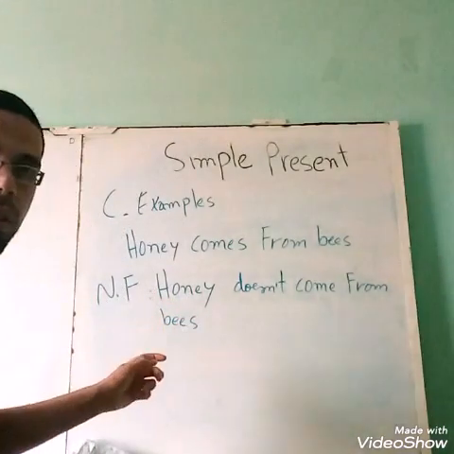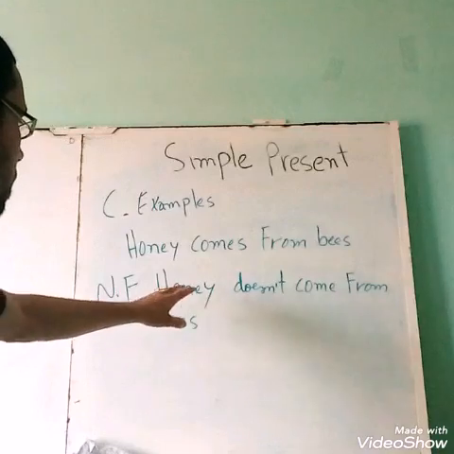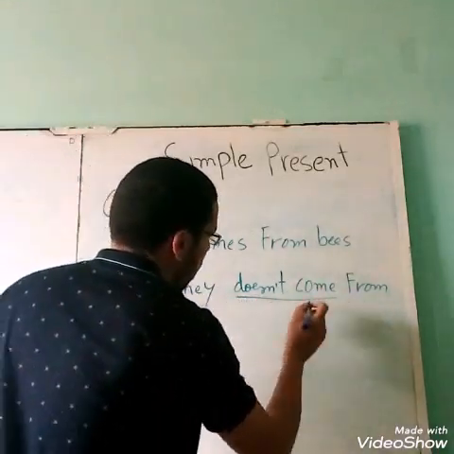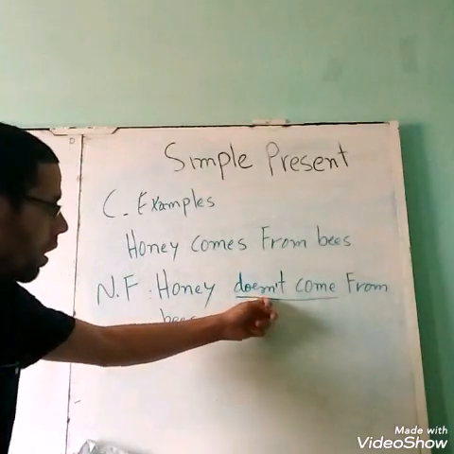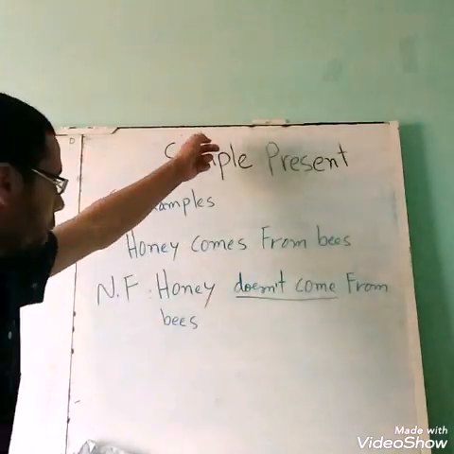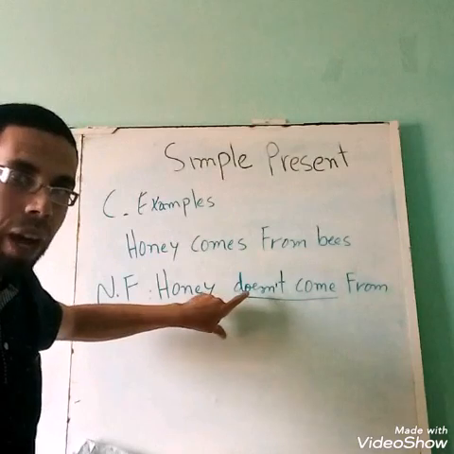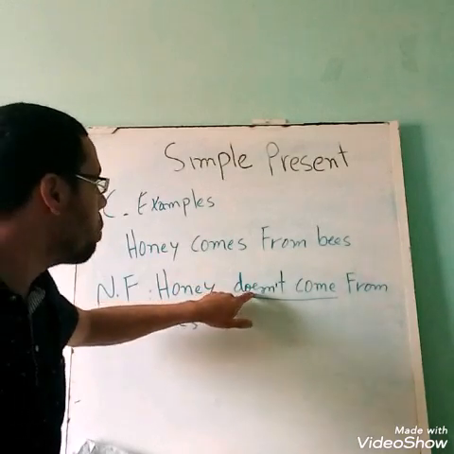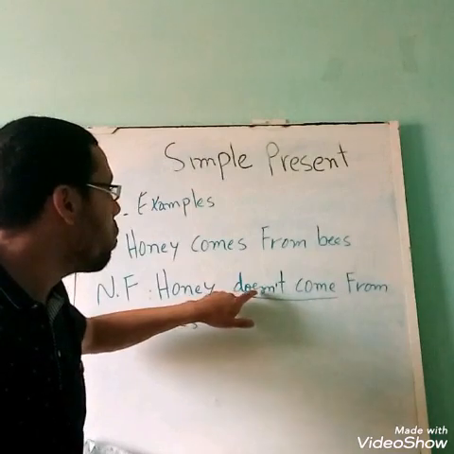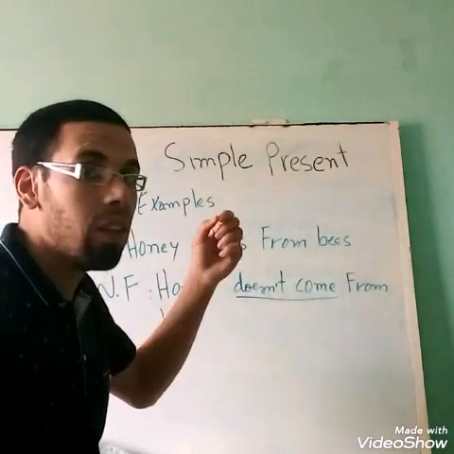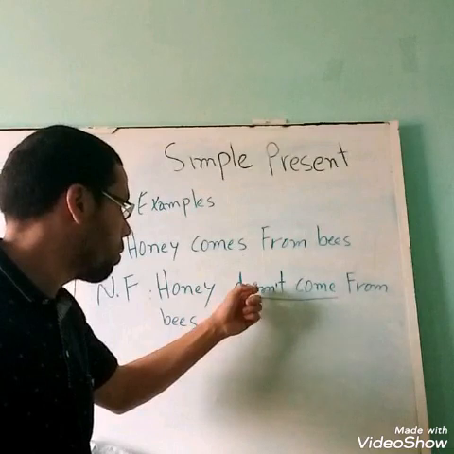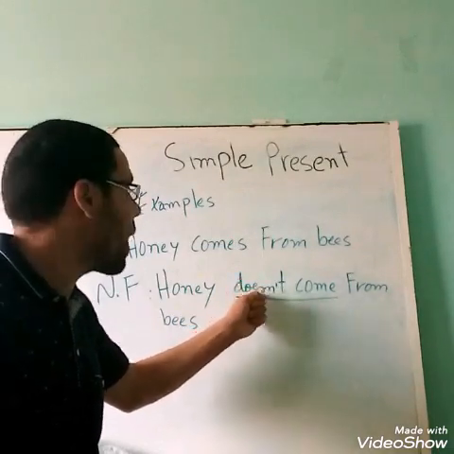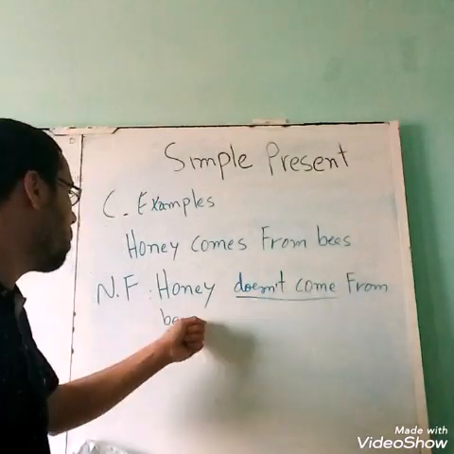This is the sentence. Honey doesn't come from bees. This is the verb, okay? Doesn't come. Now it's conjugated in simple present. As you might notice, as you might see here, we conjugate only the auxiliary verb do in simple present negative: doesn't come from bees.